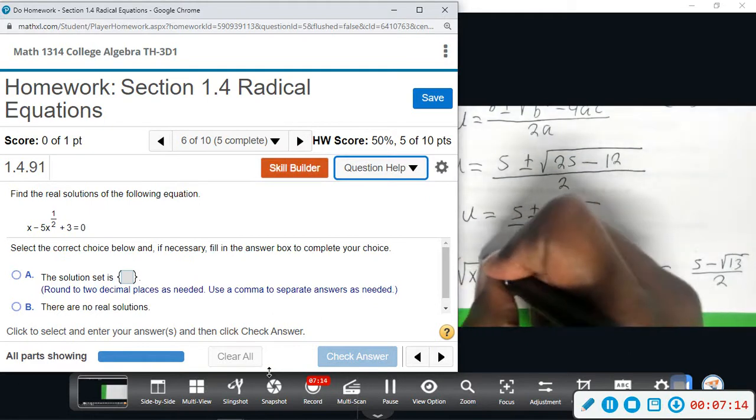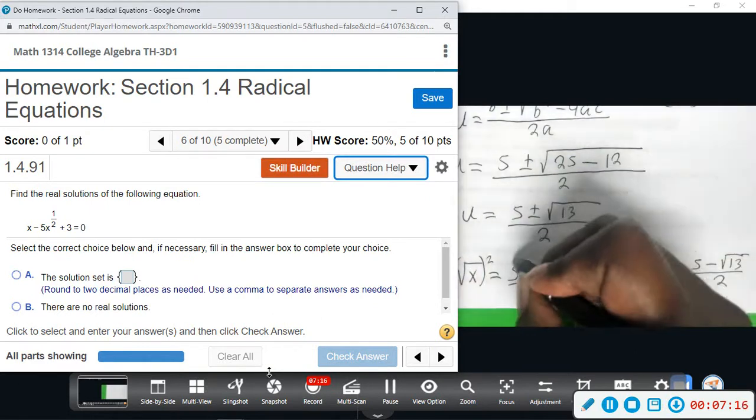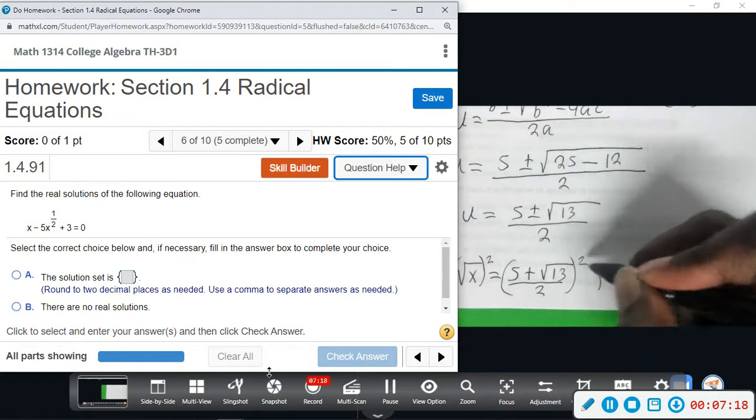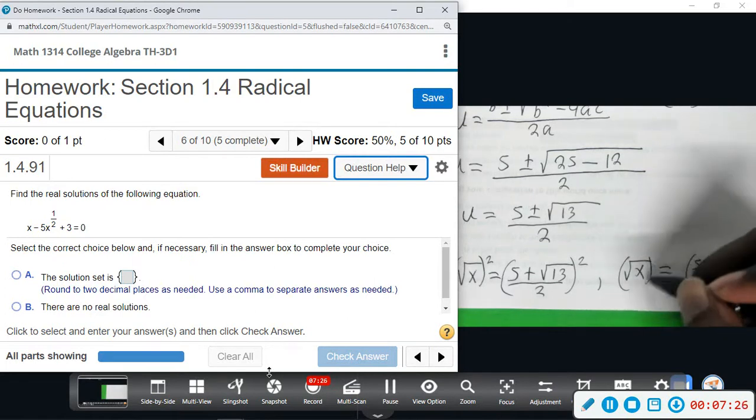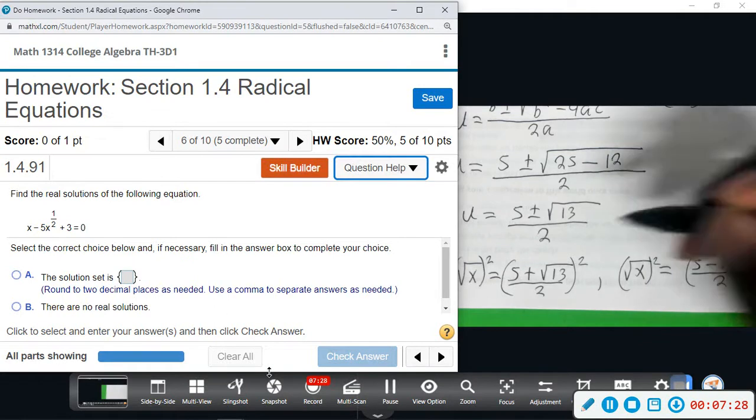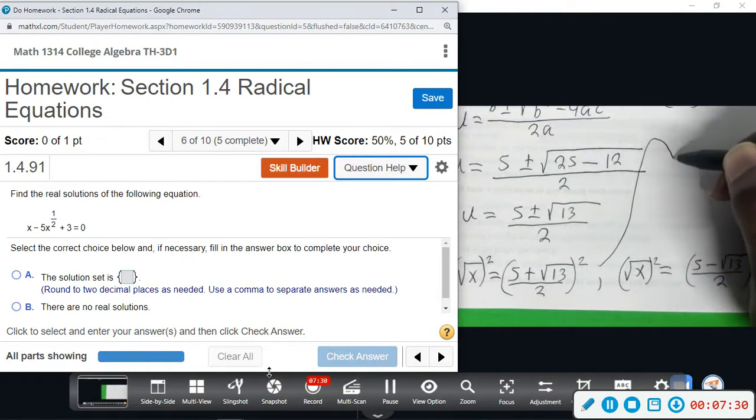So we have to square this, and we have to square this. We have to square both sides in this case. All right, so I'm going to come up here and write my final answer. So I will have x equals, and I'm not actually going to square it out, I'm just going to write it again.